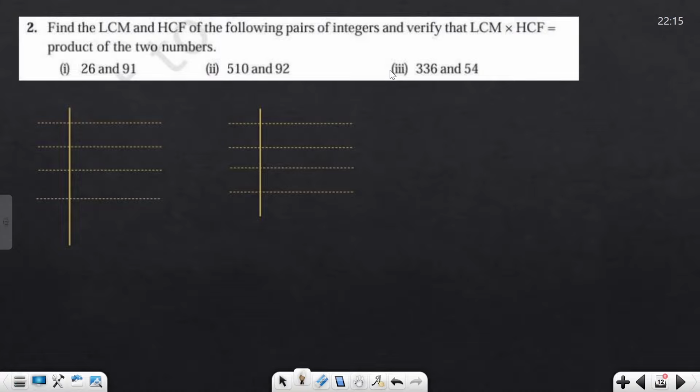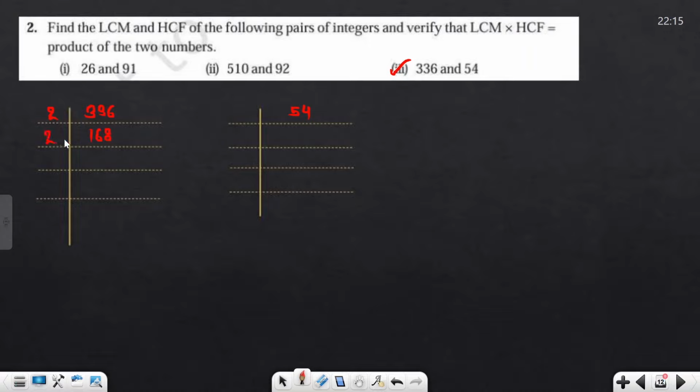Now the third part of this question. How do we solve the third part? 336 and 54. We follow the same pattern. Divide by 2. What do we get? 168.